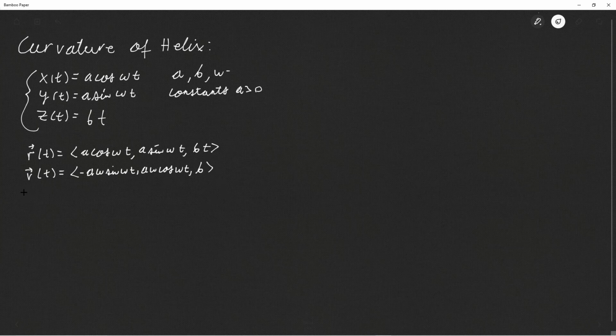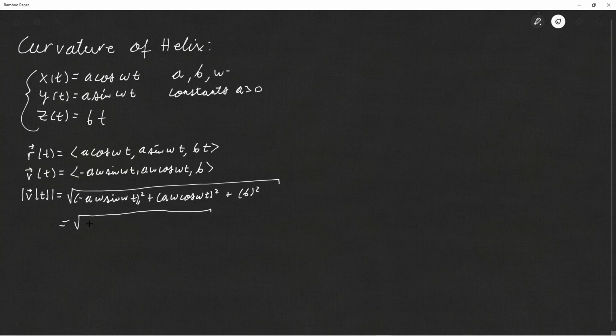So now our next step is just finding the magnitude of our velocity, which is going to be equal to the square root of negative a omega sine omega t all squared plus a omega cos omega t all squared plus rho squared, which will give you the square root of a squared omega squared plus rho squared.